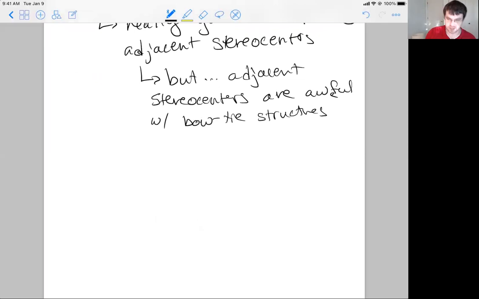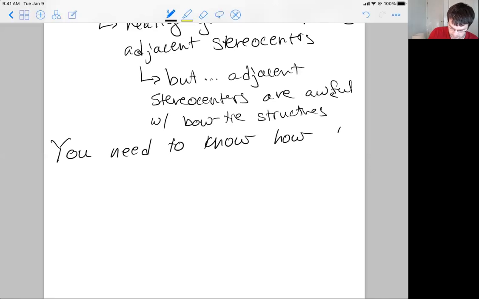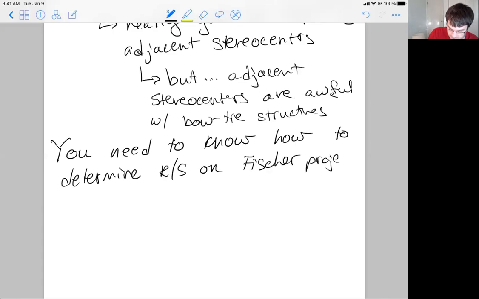So you need to know how to determine R/S on Fischer projections. That's what you need to be able to do. Now, it's just that it's so rough because we get convoluted and confused by this idea of bow tie structures and how complicated carbohydrates are. And then why is this even useful?